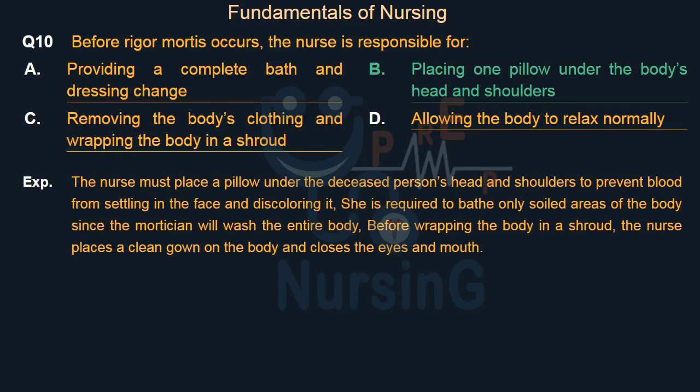The nurse must place a pillow under the deceased person's head and shoulders to prevent blood from settling in the face and discoloring it. She is required to bathe only soiled areas of the body since the mortician will wash the entire body. Before wrapping the body in a shroud, the nurse places a clean gown on the body and closes the eyes and mouth.